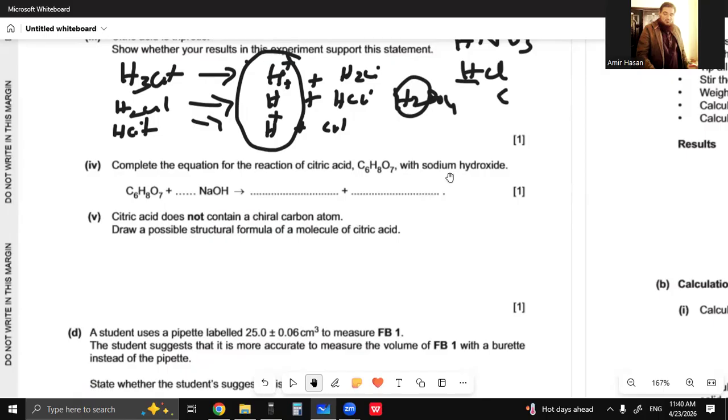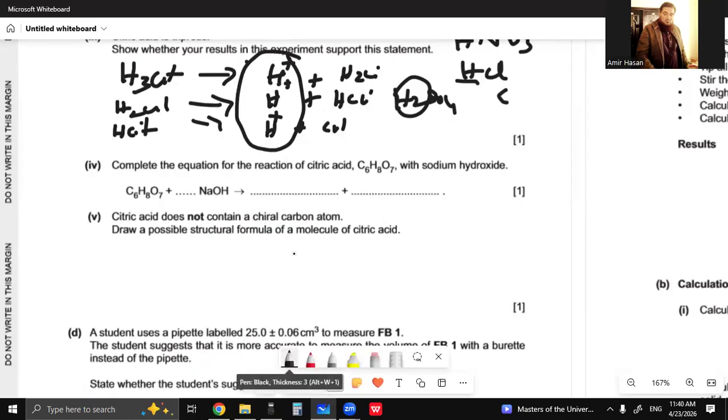Here the acid is reacting with the alkali, and the acid is neutralized by the alkali. This is a normal reaction.